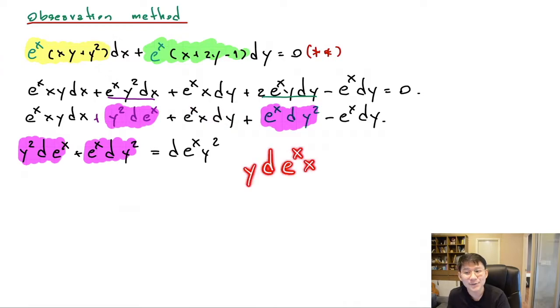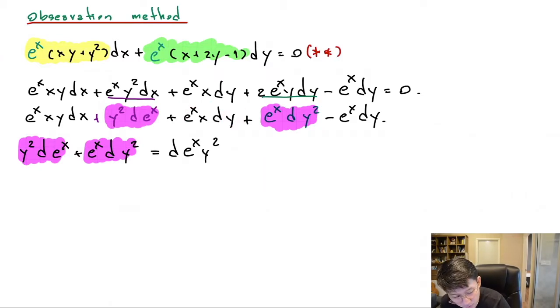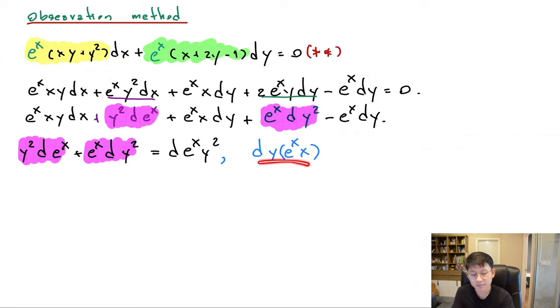We should have v du. Okay, that's how I observe it, because we have u dv. So I'm just going to look at this one, which is d of y e to the x. Because I see this term, and I hope that if I get u dv and if I have v du, it will be d of uv.